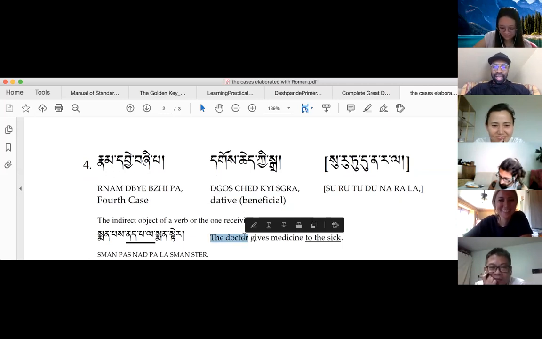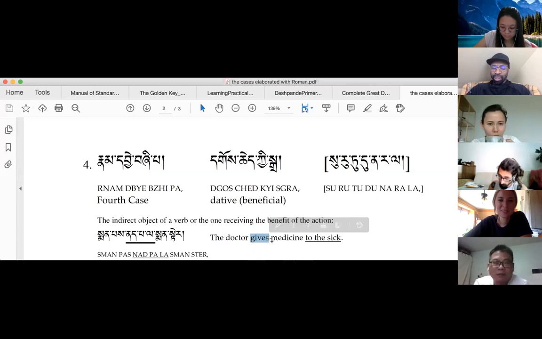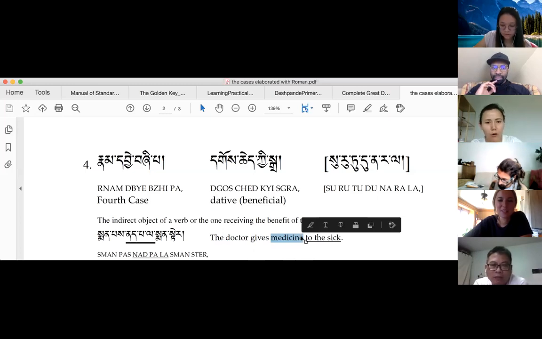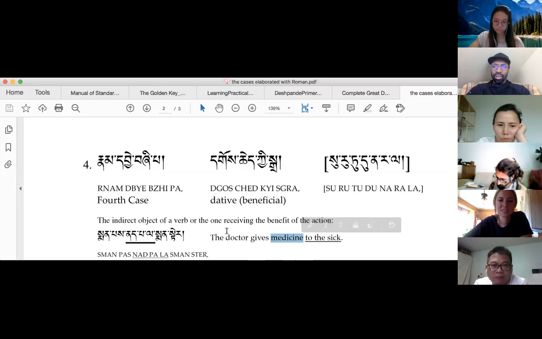The doctor. What part of the sentence is that? The doctor gives medicine to the sick. The subject. Perfect. Gives. What part of the sentence is that? The verb. Perfect. Medicine. What part of the sentence is that? The object. It's the direct object, right? What the subject is giving. Yes. Perfect.